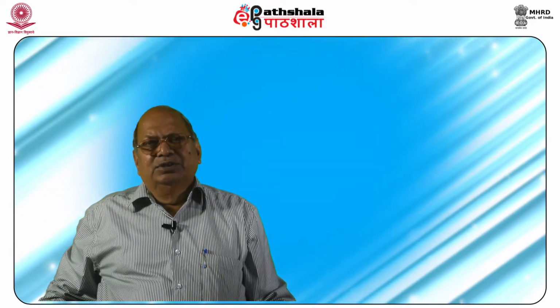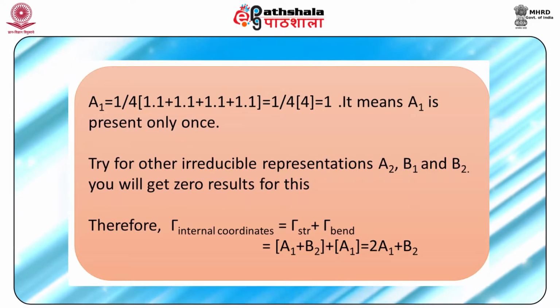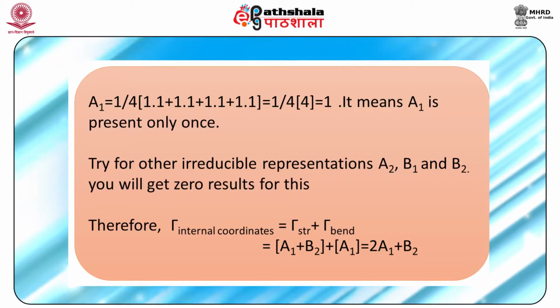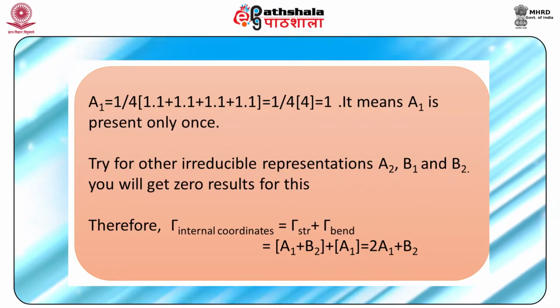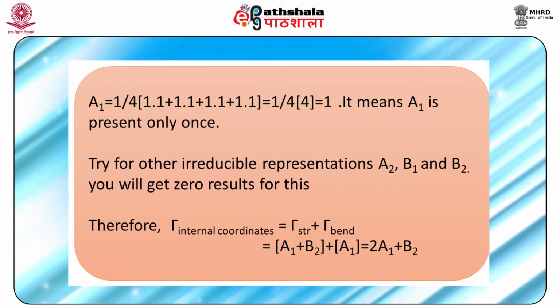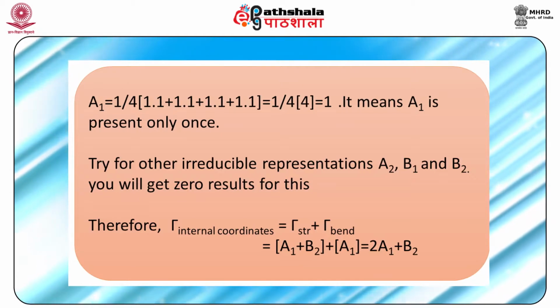And we can get the reduction for this. A1 is equal to 1/4, and by solving you will find it contains A1. You can try for the others, that is A2, B1, B2, and you will find they are not there. So this double-headed arrow gives us the irreducible representation corresponding to A1.